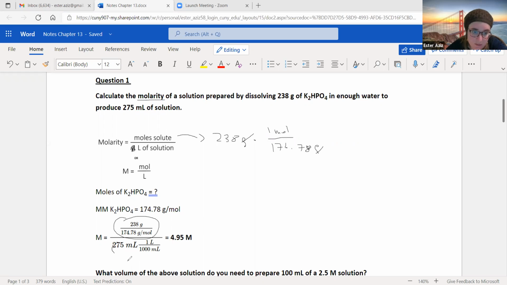So you have the denominator here, which is the liters of solution. Now, I didn't calculate the exact numbers for the numerator and denominator, but once you divide them, you get 4.95 molar. And that would be the molarity of the solution prepared by dissolving that much K2HPO4 in enough water to produce 275 milliliters of solution.